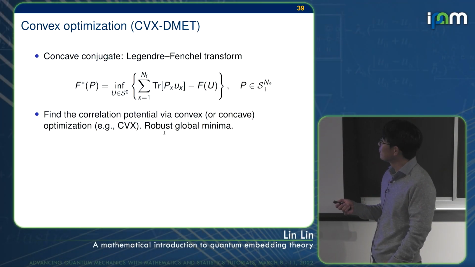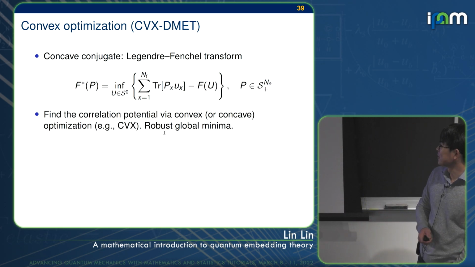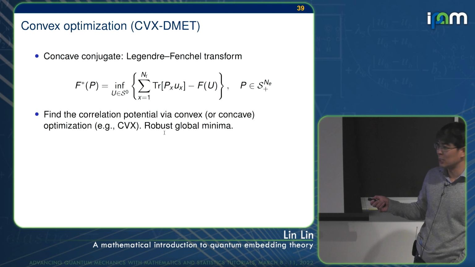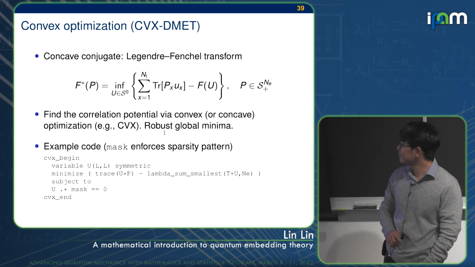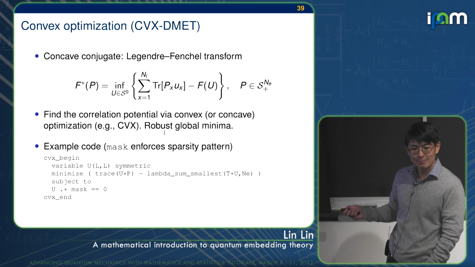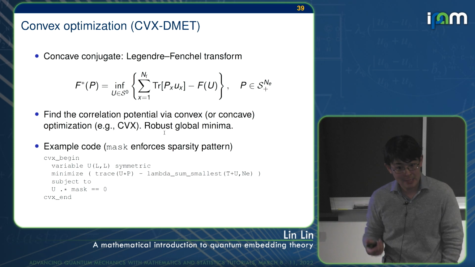And you can find the correlation potential this way, with the convex or concave optimization using off-the-shelf software like CVX, robustly finding the global minimum. This is the code. This is short. Of course, you need to put a few bells and whistles around it, but this is the idea.